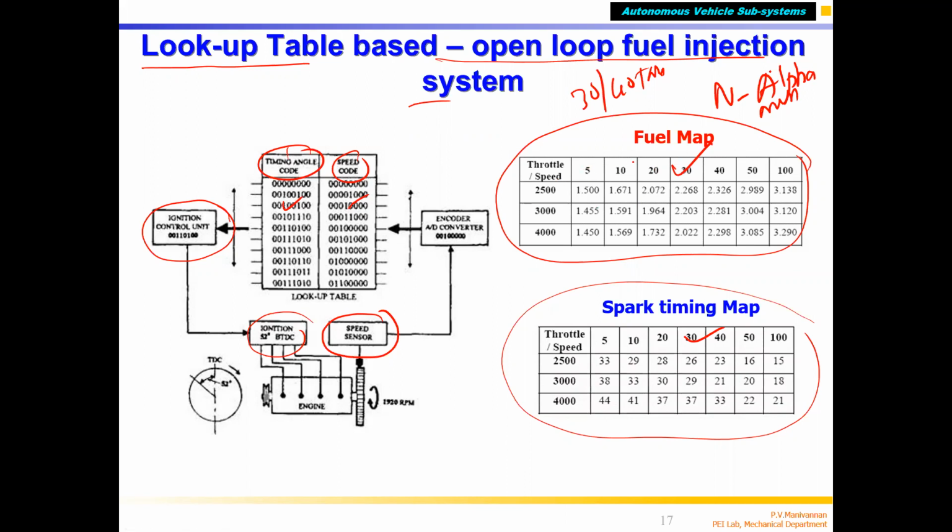For example, at 4,000 RPM it will open the injector for 1.569 milliseconds, so that much fuel is injected to maintain a 15:1 air-fuel ratio. I think I did this map for 15:1, about 16 or 17 years ago. This is my PhD work, I told you. So you can create it.